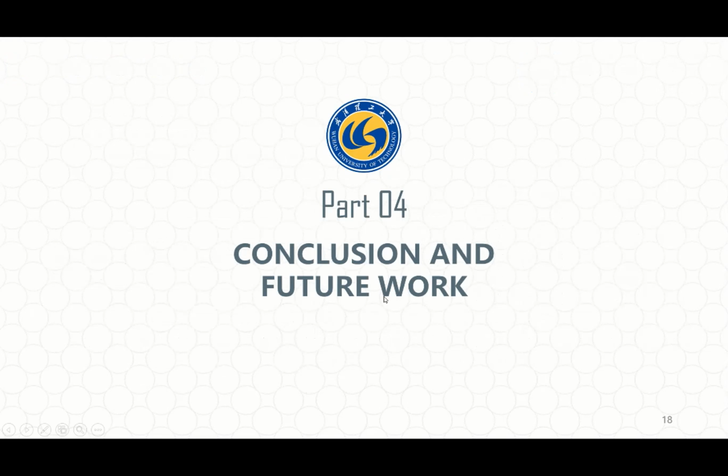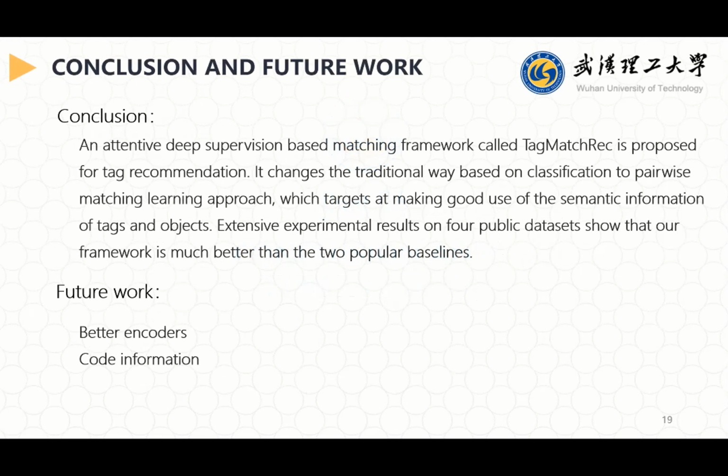Finally, conclusion and future work. In this paper, an attentive deep supervision-based matching framework called TagMatch is proposed for tag recommendation. It changes the traditional classification-based way to a pairwise matching learning approach, which targets making good use of the semantic information of tags and objects.